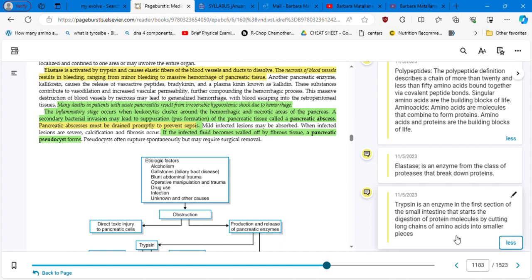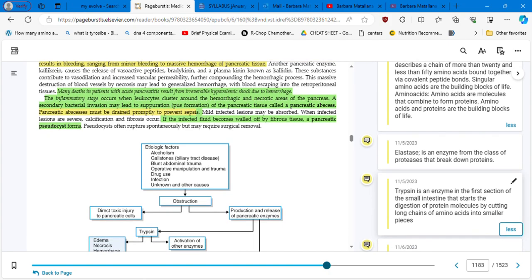The inflammatory stage occurs when leukocytes cluster around the hemorrhagic and necrotic areas on the pancreas. And we remember that the leukocytes are a type of WBCs, right? Nurses love to monitor. Neutrophils are the most abundant WBCs. Then you have the lymphocytes, and then we have the monocytes, right? So a secondary bacterial invasion may lead to suppuration, pus formation of the pancreatic tissues, called a pancreatic abscess.